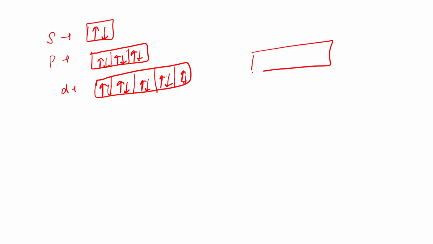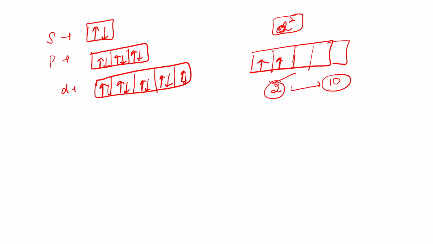But in the question they were asking about D2, there were only 2 electrons. So maximum it can accumulate 10, but there are only 2, so it's less than half filled. What will be the exact half filled of 10? It will be 5, and here there are only 2, so it is less than half filled.